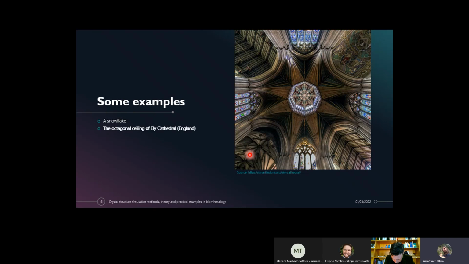From architecture, the octagonal ceiling of the Ely Cathedral in England. This is an octagon. If you rotate it, you can rotate it 8 times and obtain always the same octagonal ceiling, an object that is indistinguishable from the original one.